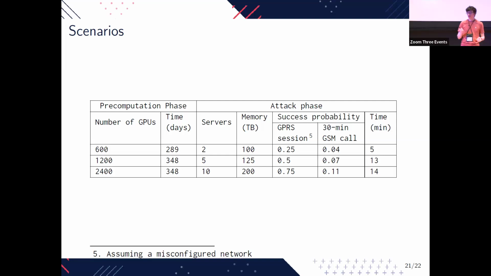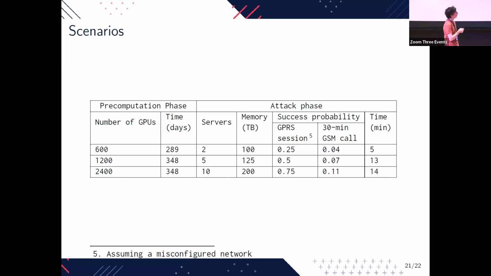And if we assume that the attack step requires 10 tables and 10 servers, then it takes 200 terabytes of storage. And if we talk about the probability that we are able to decrypt a GPRS session in a misconfigured network, to have a 75% chance of decrypting the session, it takes 14 minutes with our proposed implementation. So it's extremely fast for an extremely high success rate.